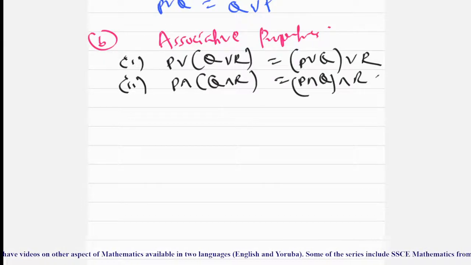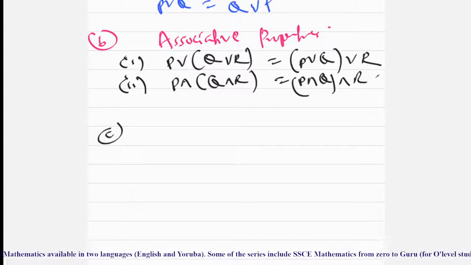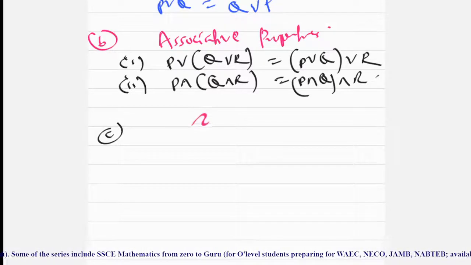Another property is the distributive property. Your conjunction is distributive over disjunction. Let me write the property first.